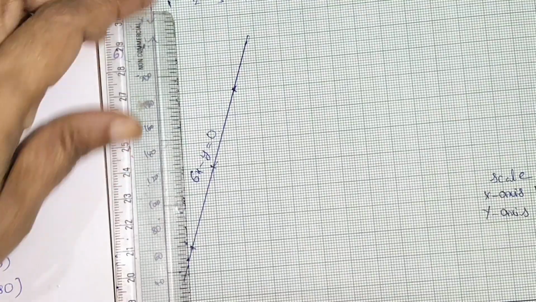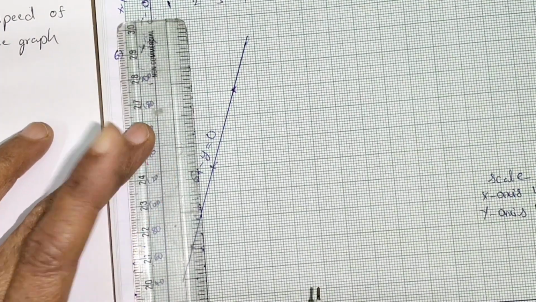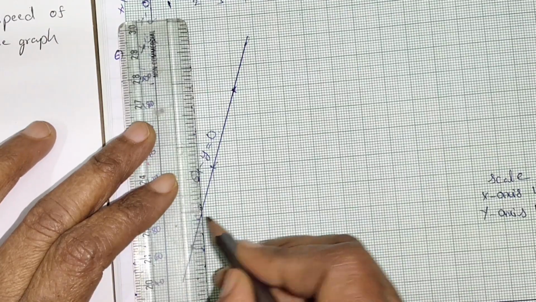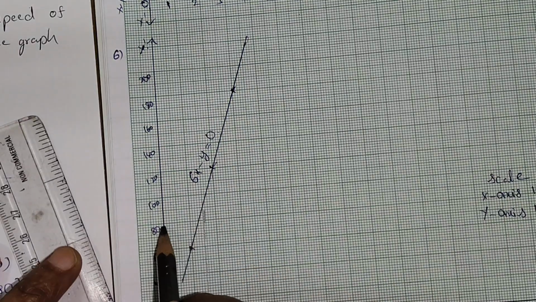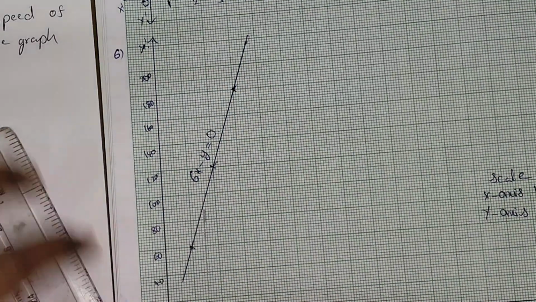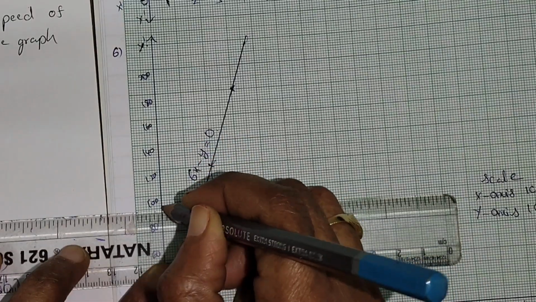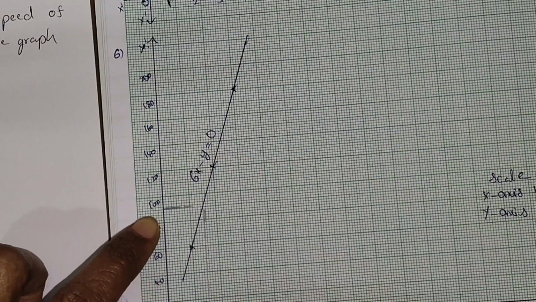We observe the graph and write the answer. 1.5 is the middle line between 1 and 2. So 1.5 means 90. Between 80 and 100, the middle line is 90. So it touches 90. So 1.5 hours is equal to 90.